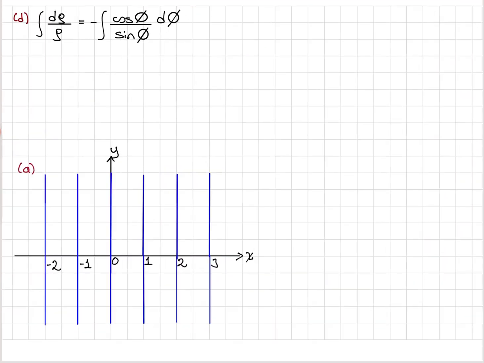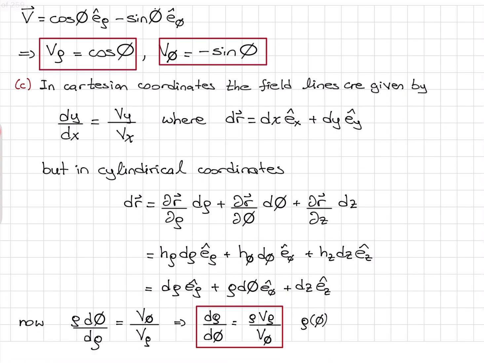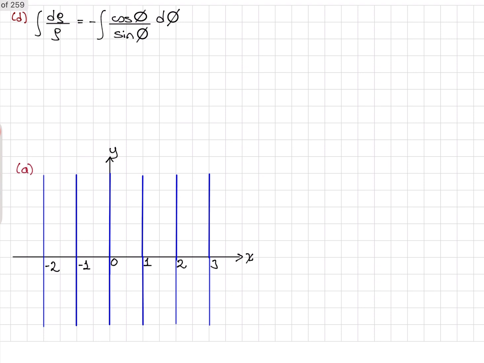Let's double check this. We have d rho over rho, v rho over v phi, which is minus cosine phi over sine phi d phi.